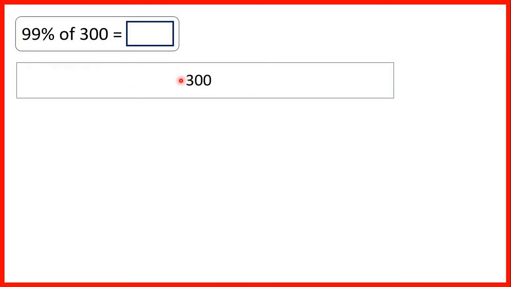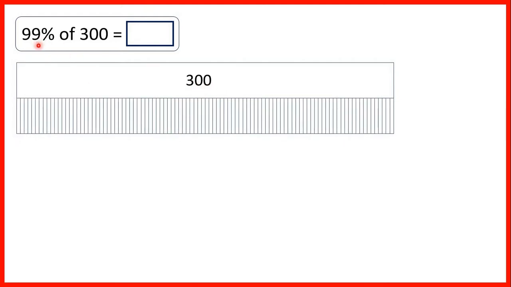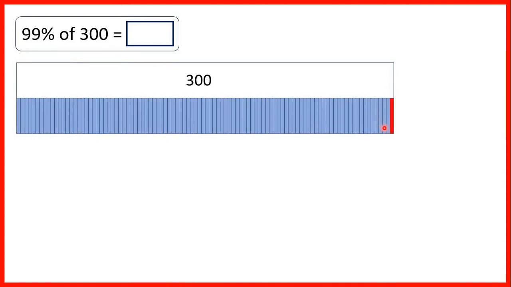Now we need to find 99% of 300. So we can show our whole quantity of 300 as our top bar, and if we're finding 99%, that's finding 99 hundredths. So we can show what we're finding in blue, and then the other 1% we've shown in red. Now to find 1%, we can divide by 100, and 300 divided by 100 is 3.